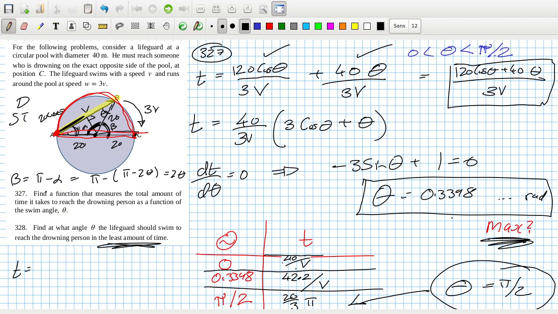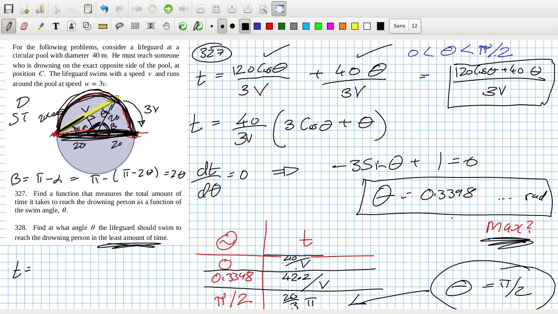The time to go on the outside, that circumference, is 2 pi r. 2 times pi times r divided by 2 is 20 pi. Oh, hang on. Yeah, okay. So this here is 1.5 times longer than this, but she can go 3 times as fast.